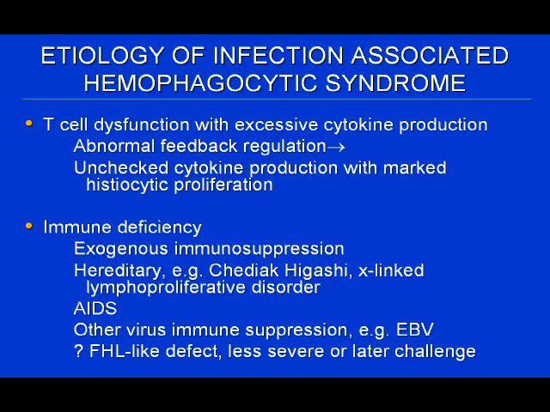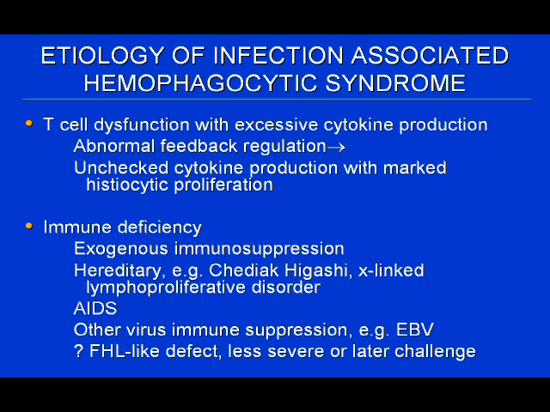If their immune suppression was not relieved, they would die of the disease. It was later discovered in a cohort of Chediak-Higashi patients that died and went to autopsy that they had the same findings of infection-associated hemophagocytic syndrome. And this was identified at this institution and published.